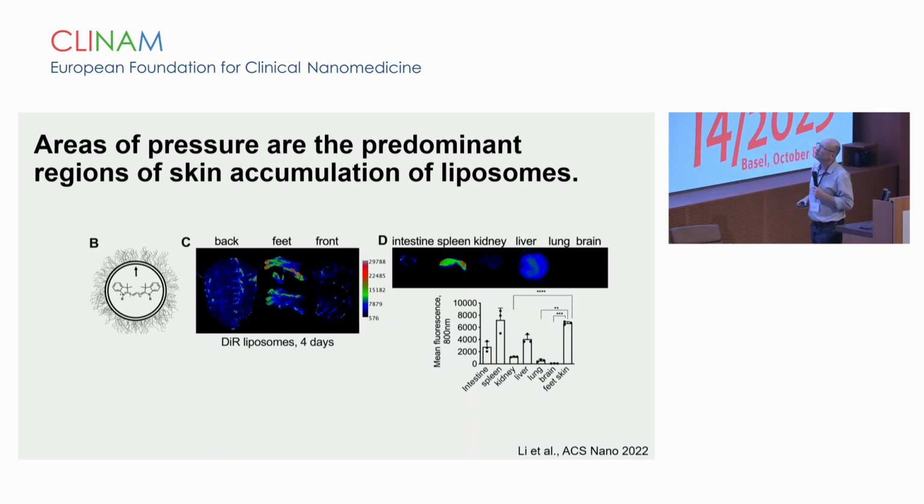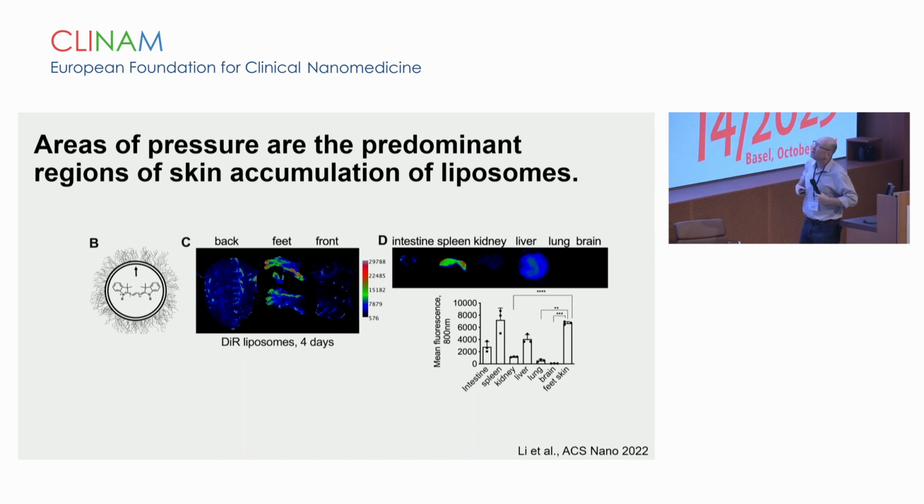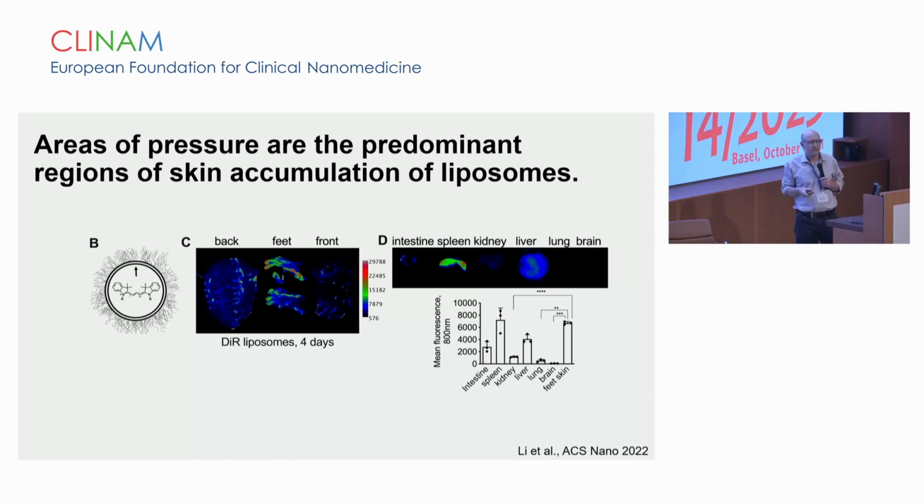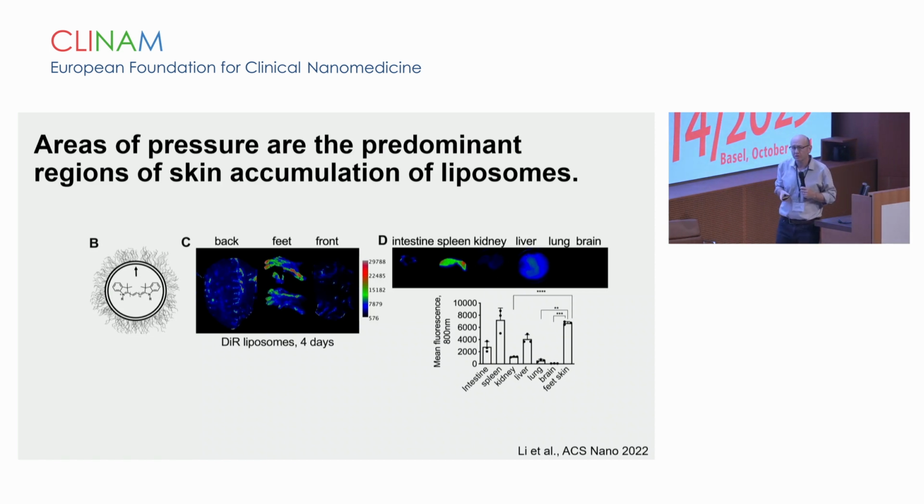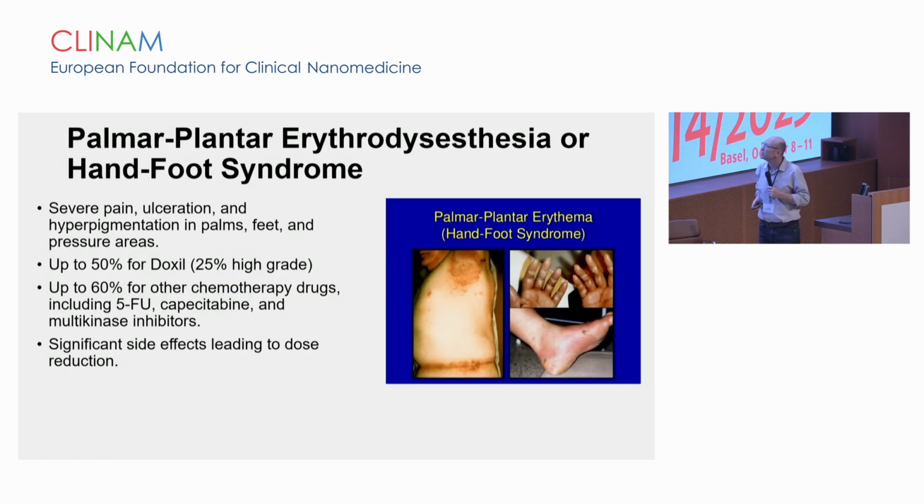This is prominent accumulation, and also in the spine. You can see where the spine touches the skin, and also where the ribs touch the skin, suggesting that the areas of pressure accumulate a lot more signal than the rest of the skin. And this accumulation is as high as in the spleen, which was pretty remarkable to us. It's not known that skin accumulates that much.